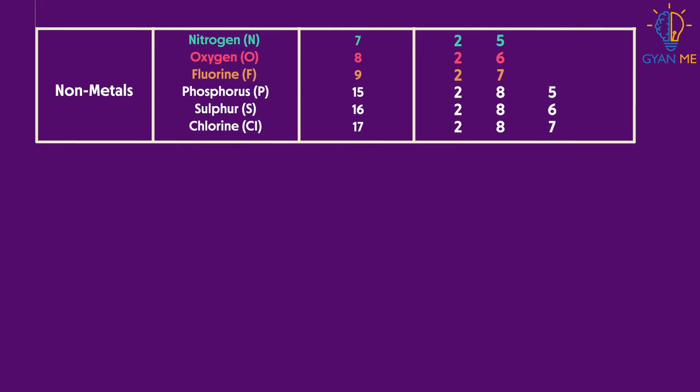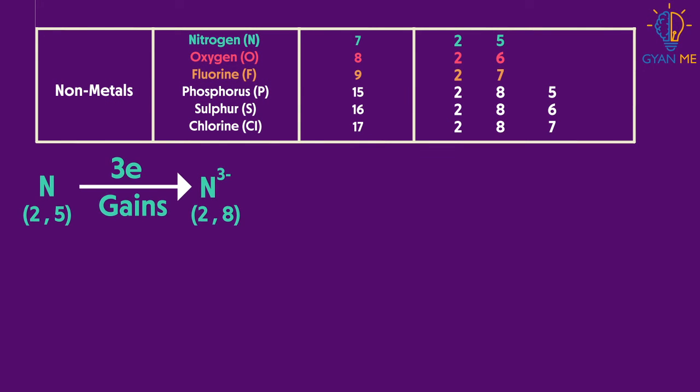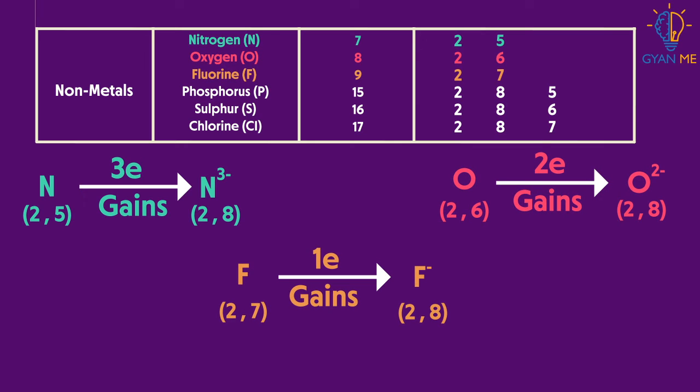Now students, observe elements like nitrogen, oxygen, fluorine, etc. These are called nonmetals. They have 5, 6 or 7 electrons in their outermost orbit, and to achieve octet configuration, they accept electrons from the other metal atoms and become negative ions.